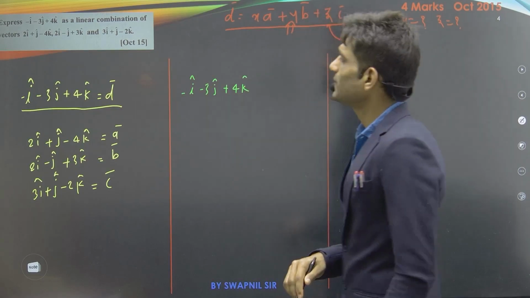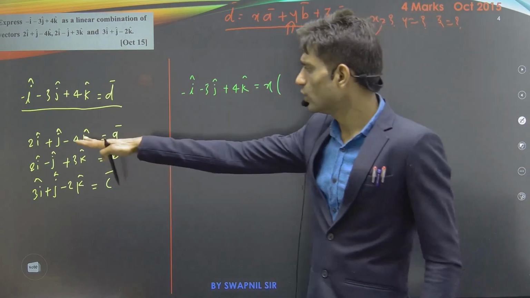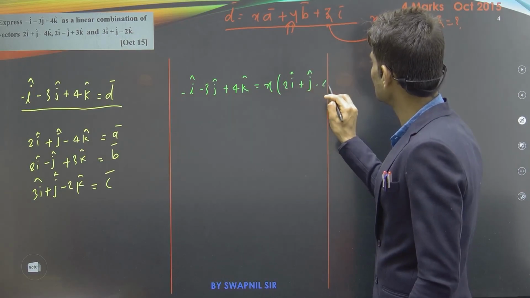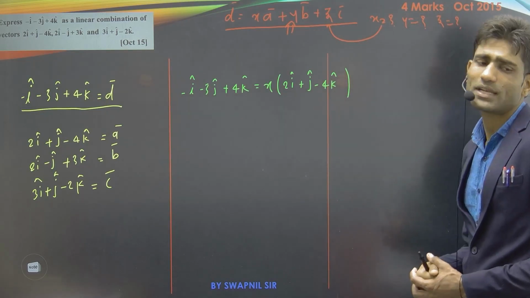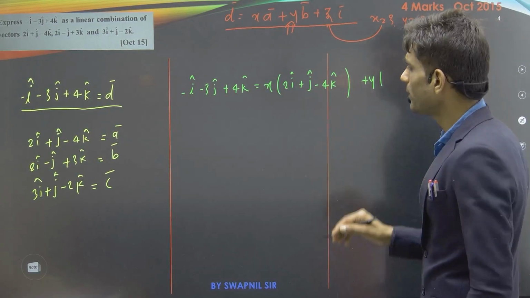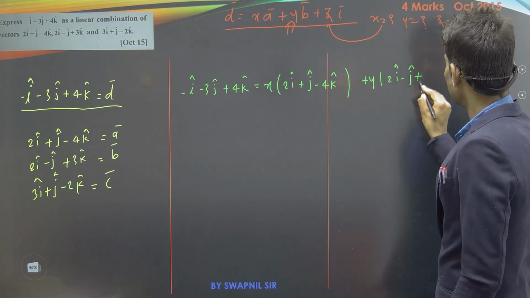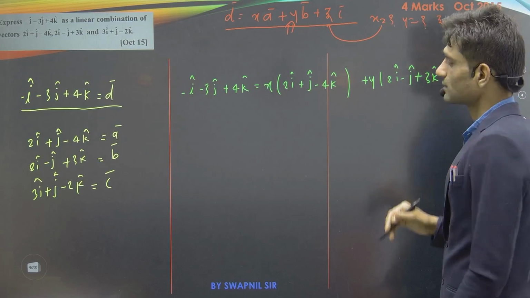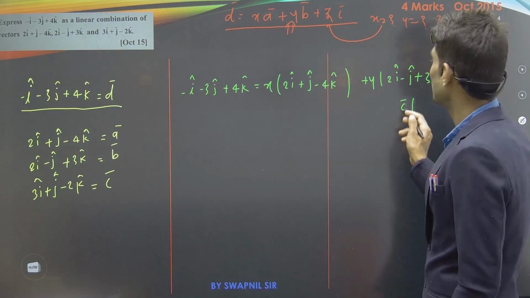This can be written as x into a bar, where a bar is 2i cap plus j cap minus 4 times k cap, plus y into b bar, where b bar is 2i cap minus j cap plus 3k cap, plus z c bar.